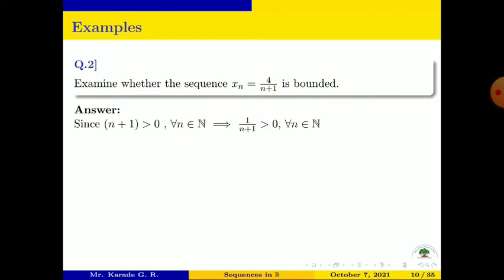Since n plus 1 is always strictly greater than 0 for all n belongs to N, this implies that 1 upon n plus 1 is greater than 0.